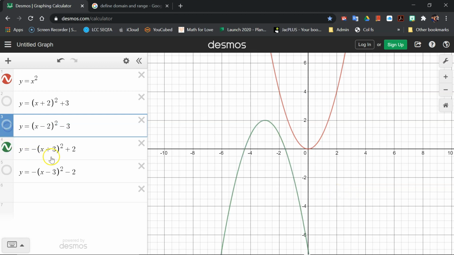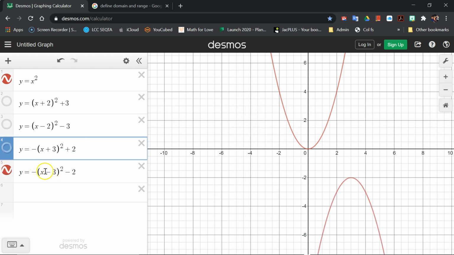The next one, -3 and +2 is the turning point for this parabola in the green. And then lastly, we have +3 and -2 being the turning point for this darker red parabola over here.